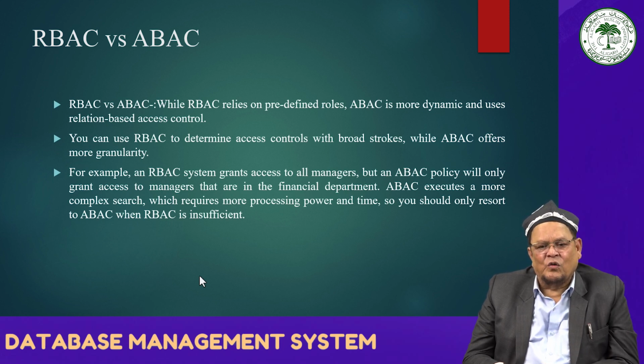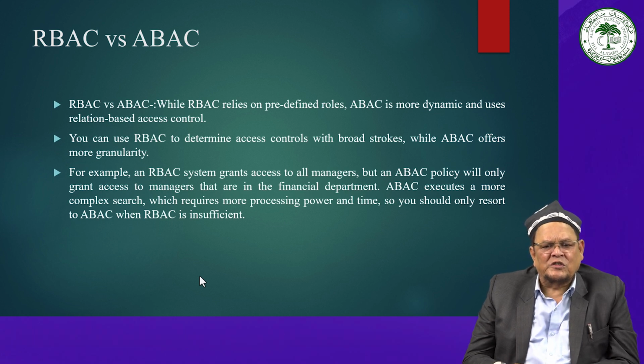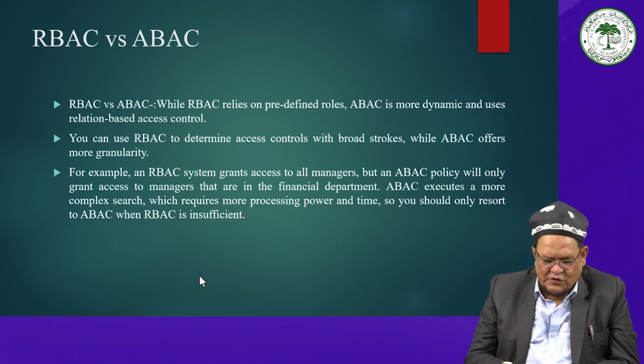Attribute-based access control executes a more complex search, which requires more processing power and time. You should only resort to ABAC when RBAC is insufficient.